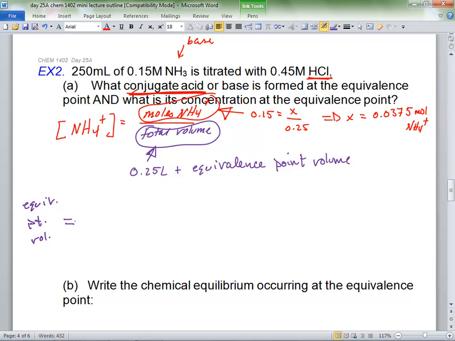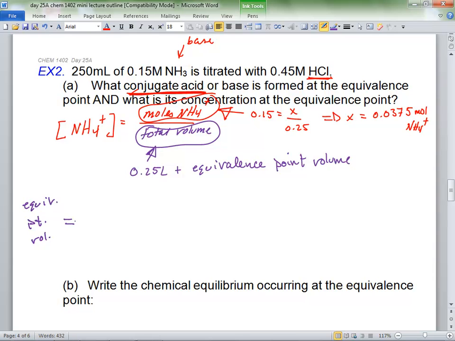So I set up big M equals moles over liters, so 0.15 has to equal moles all over those liters. And then I'll get the moles of NH3, which is the same as moles of NH4 plus. So now you started here. Now here you're getting an equivalence point, so that gets added into the bottom.